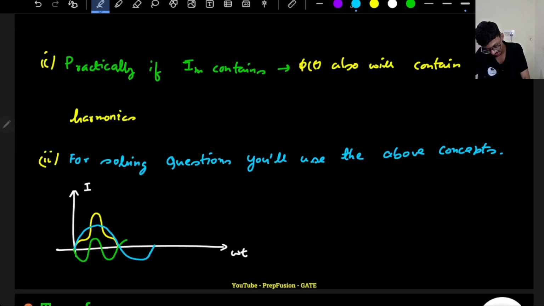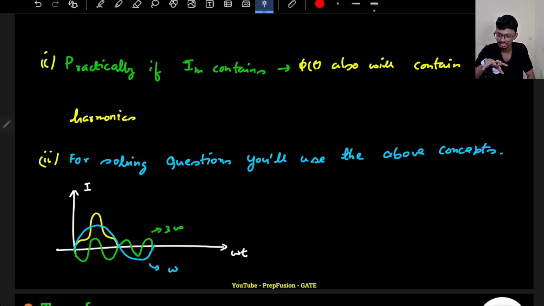In a whole cycle, the green waveform is covering 3 cycles of sine. That means if the blue waveform has a frequency of omega, the green waveform will have a frequency of 3 omega. Very simple, because the time period has reduced by 3. That's how the third harmonic gets developed mostly. The third harmonic is the dominant component.